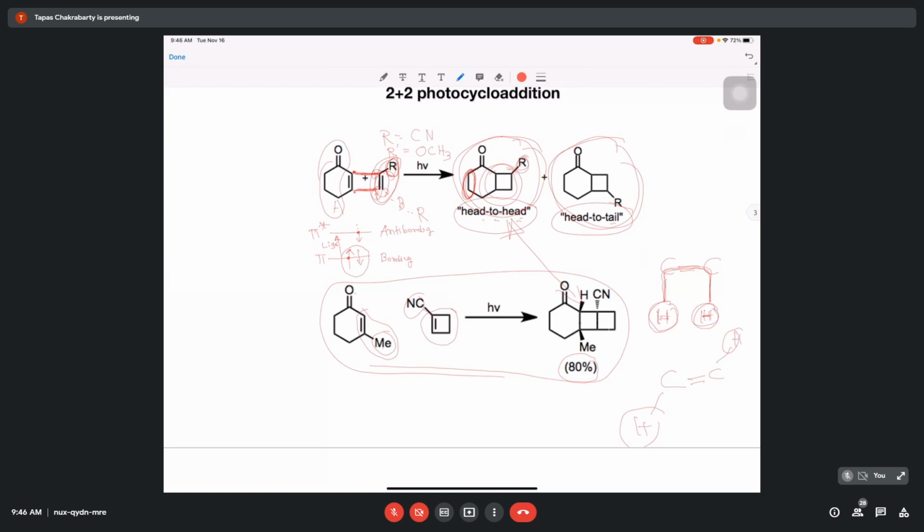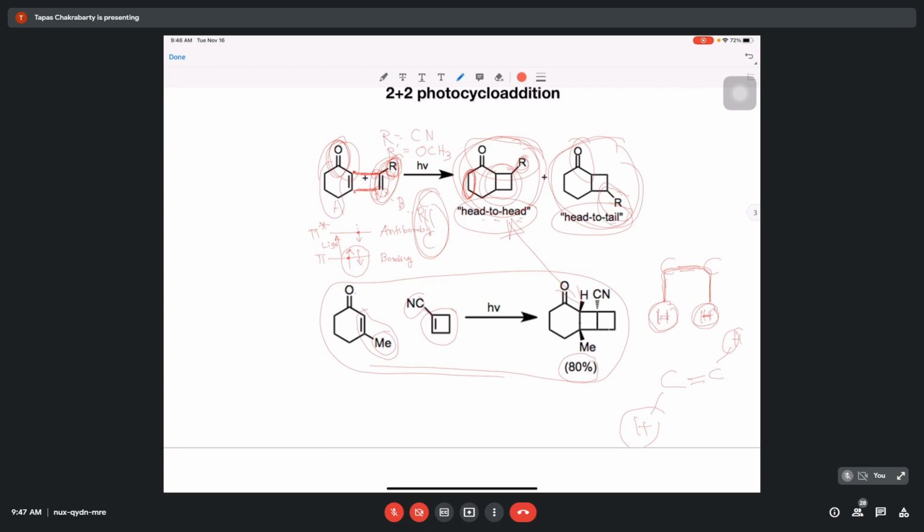If you take a simple ethylene molecule, C double bond C, with no substitution, there is no orientational difference. But if you say this is one group and this is the R group, and both groups are on the same side, then you say this is head to head. But when this R is away from the other part of the molecule, then you say this is head to tail. This part is the head, and this part is called the tail. So that's why.